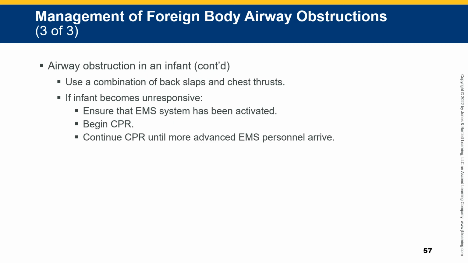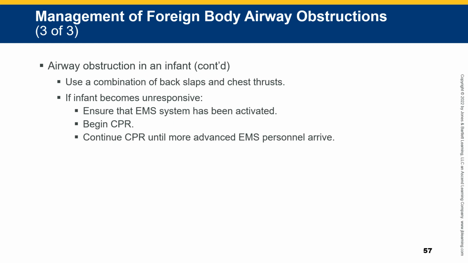To assist a conscious infant with severe airway obstruction, you must assess the infant's airway and breathing status. Place the infant in a face-down position over one arm so that you can deliver 5 back slaps. This will have been covered also in your American Heart certification. Turn the infant face up and deliver 5 chest thrusts in the middle of the sternum.